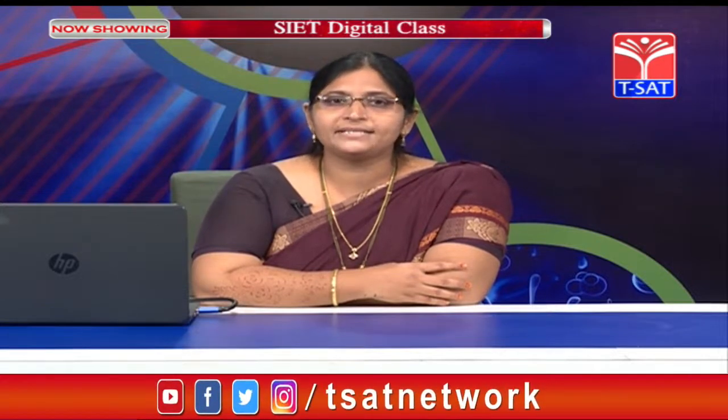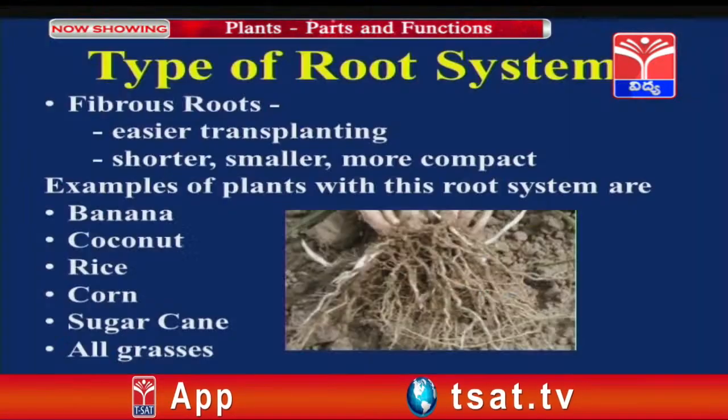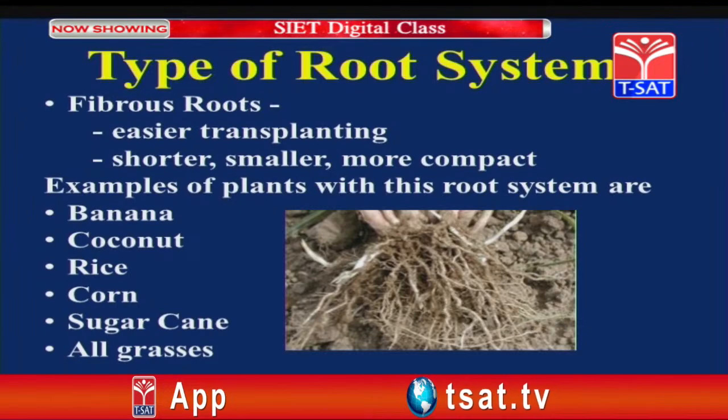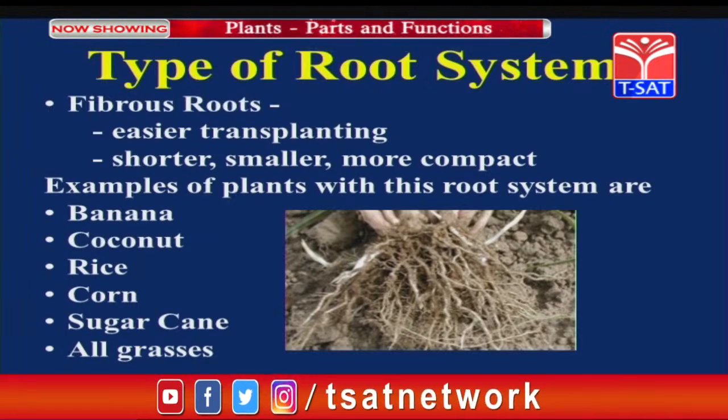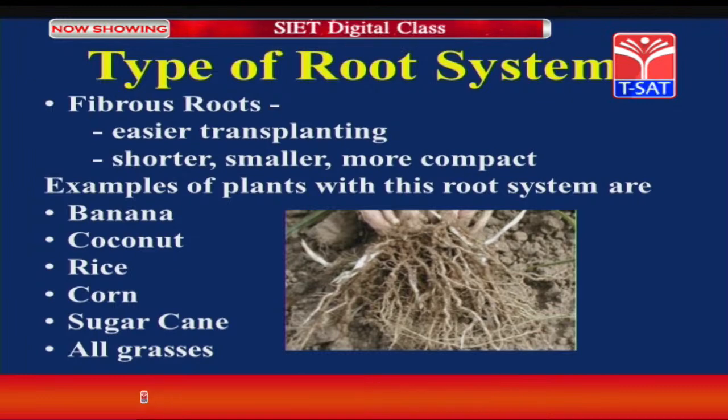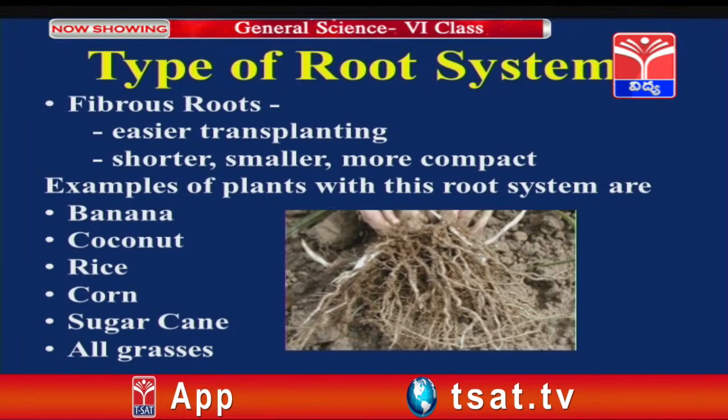So what is meant by taproot system? A taproot system is a type of root system where only a single root is considered the main root. Here the first one is fibrous roots. They are shorter, smaller and more compact, and they don't have a main root, and they are helpful for easy transplantation. Which type of plants will have this root system?